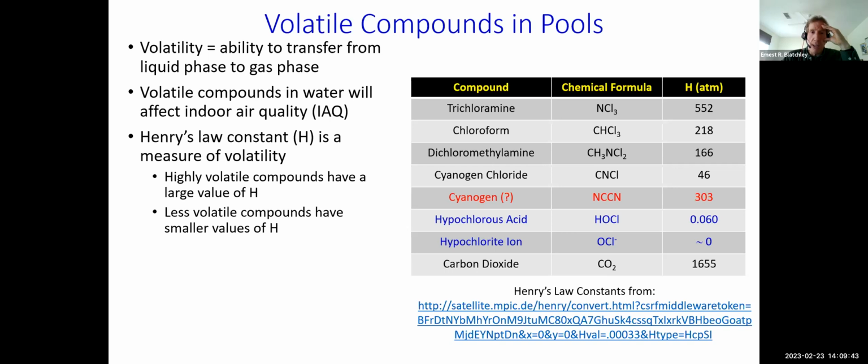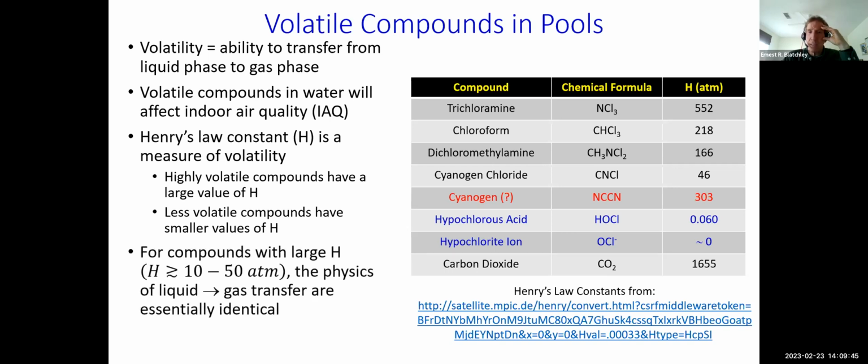In terms of the mechanics of transfer from the liquid phase to the gas phase, the compounds that tend to have the largest Henry's law constants, meaning those with a Henry's constant greater than something like 10 to 50 atmospheres, the physics responsible for their transfer from the liquid phase to the gas phase are identical. And that's because they are so volatile.